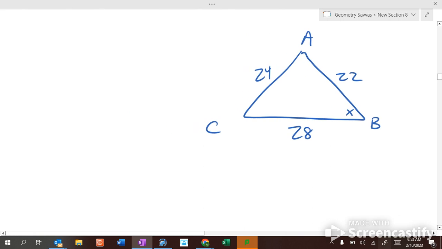Now we find an angle. So which law of cosines formula do I use on this one?